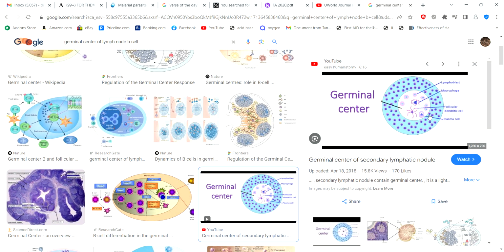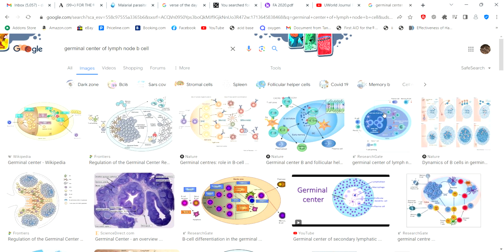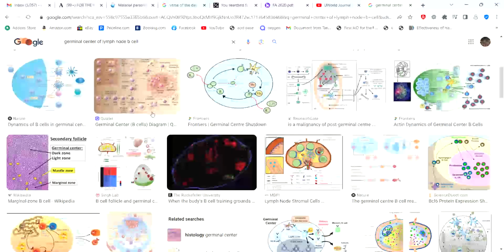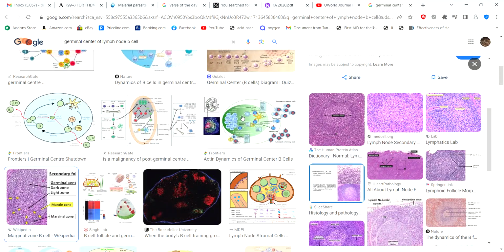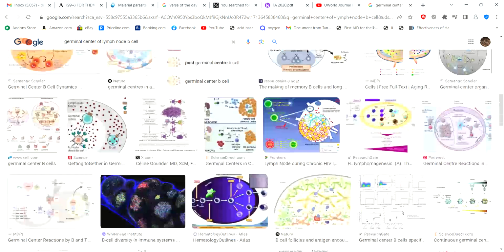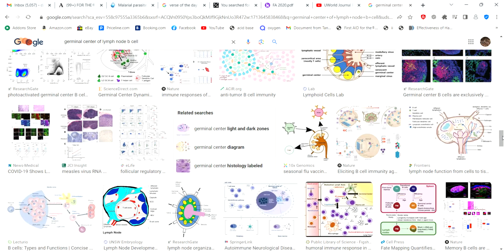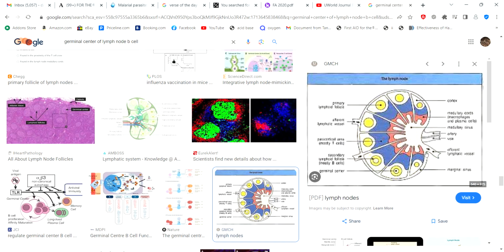Okay, so this is the lymph node where the germinal centers are.